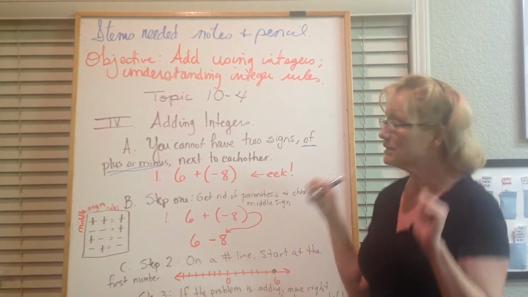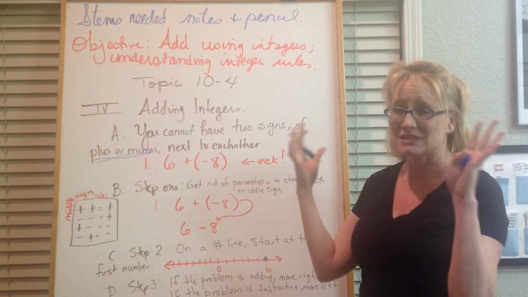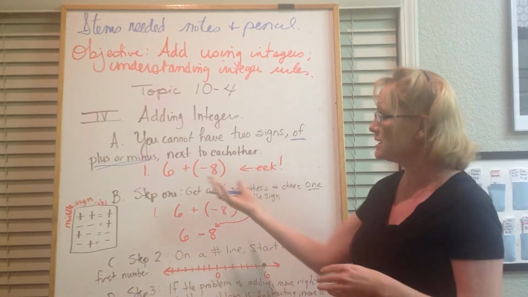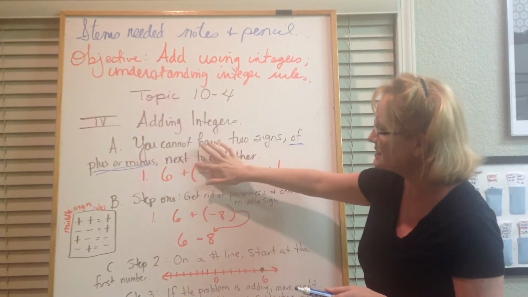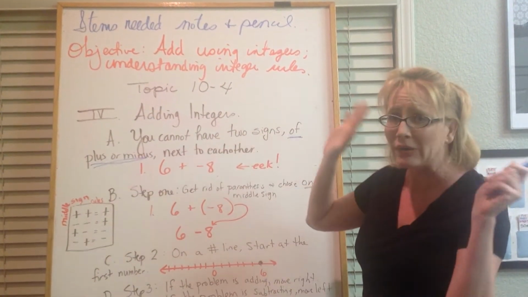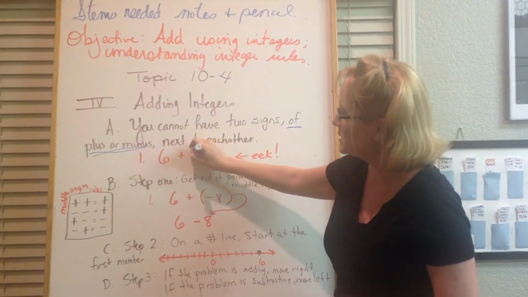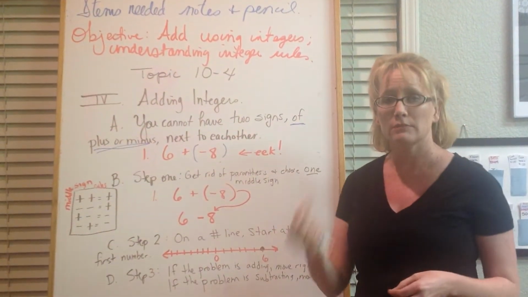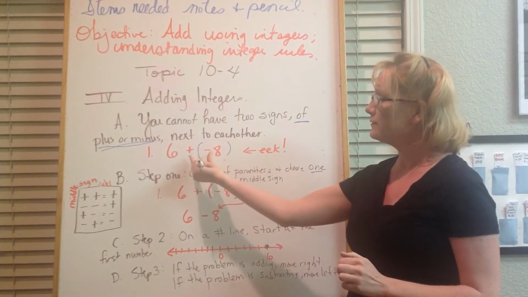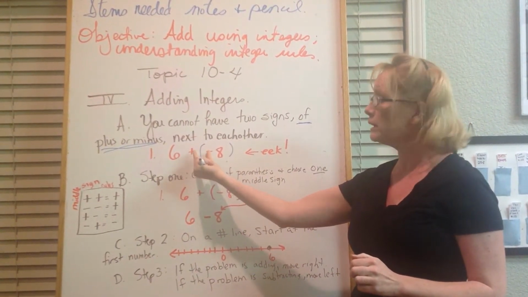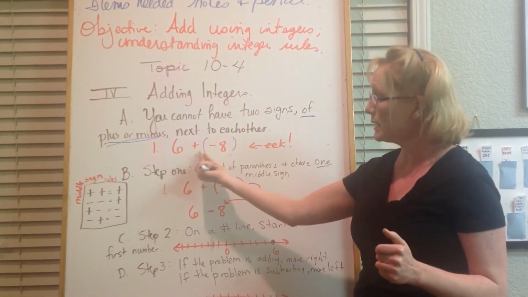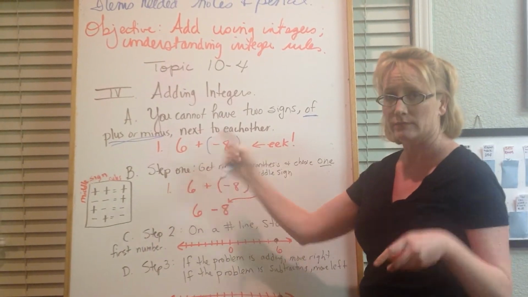We don't like it. That's why mathematicians put the parentheses there, to try to buffer it out. It's unnecessary parentheses because this freaks them out. So you need to understand the most important rule: you cannot have a plus and a minus, or a plus and a plus, or a minus and a minus next to each other. It's no bueno.